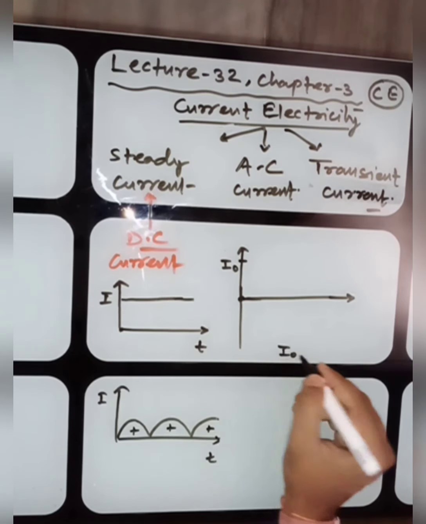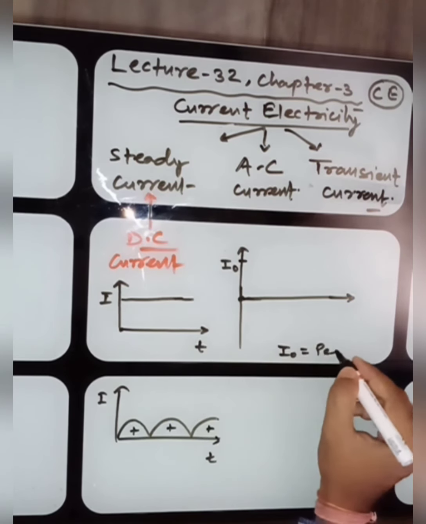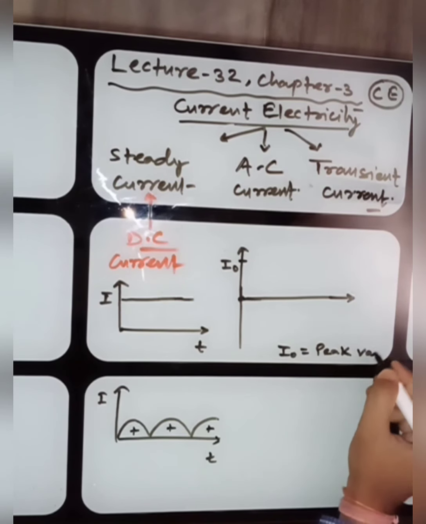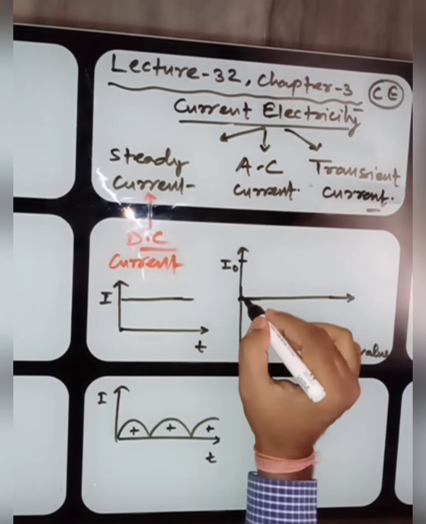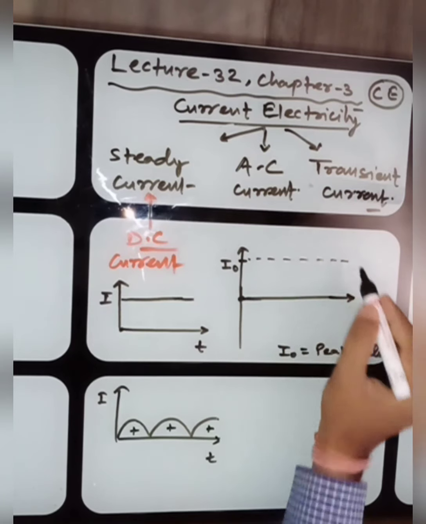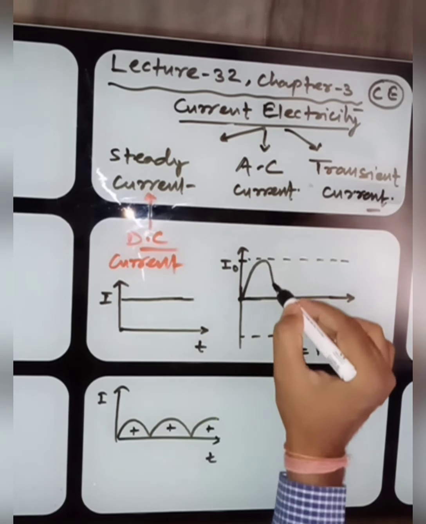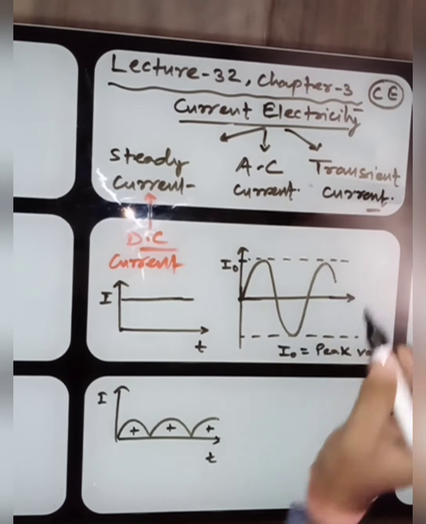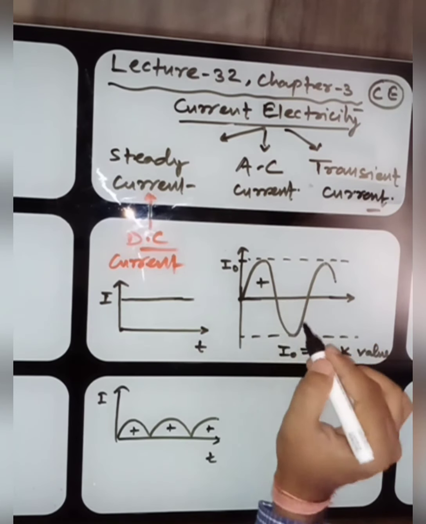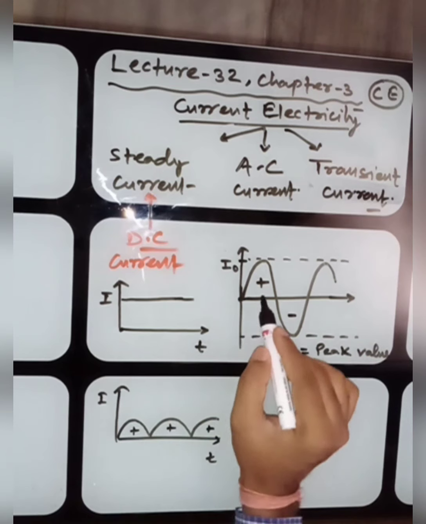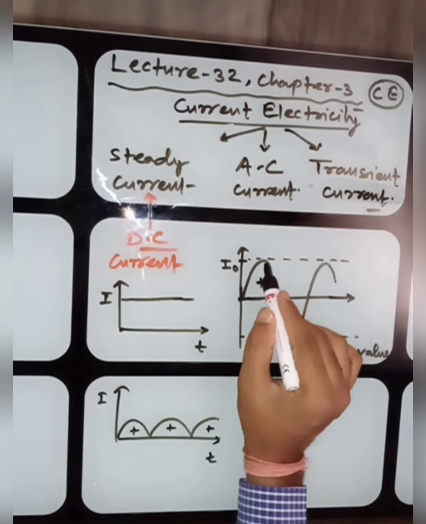This I naught is considered the peak value, that is the maximum. But current changes its magnitude, and it goes on positive cycle as well as negative cycle, but you can see the magnitude changes everywhere.